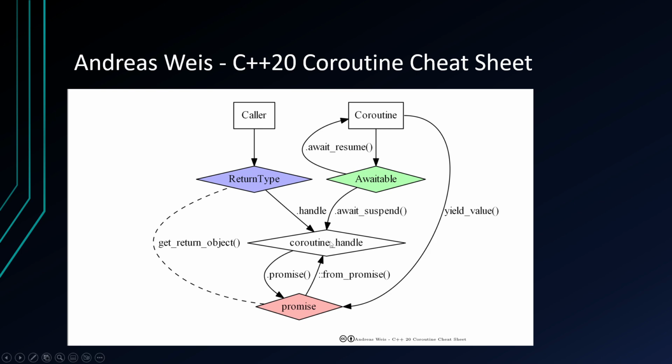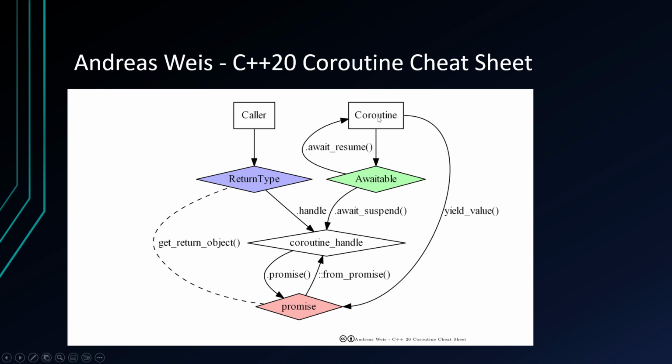From a promise, you can get to the handle by calling from_promise on the handle. This is a static method on the handle. And from the handle, you can get back to the promise by calling the .promise member function.